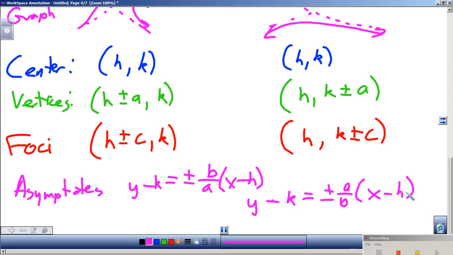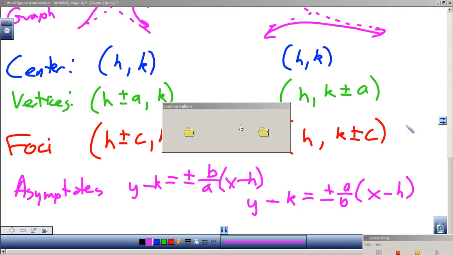Yeah. So everybody with me on these? Okay. So this is a bit more complex, I think, than the others. So, how about graphing these? That sounds like a great plan. We need to graph them.